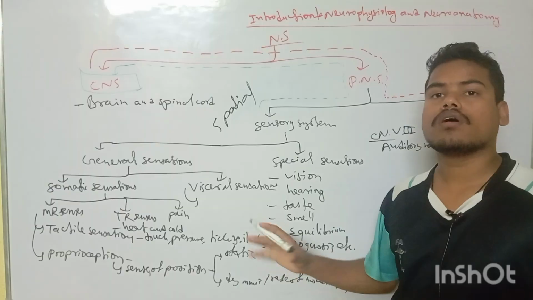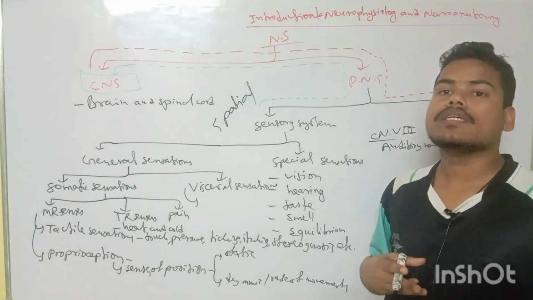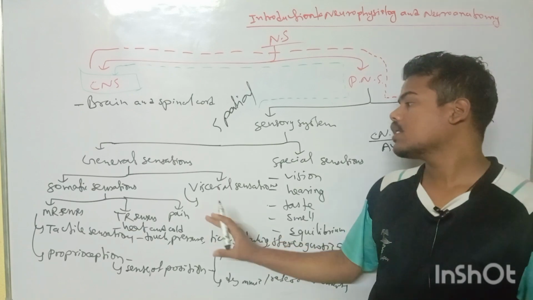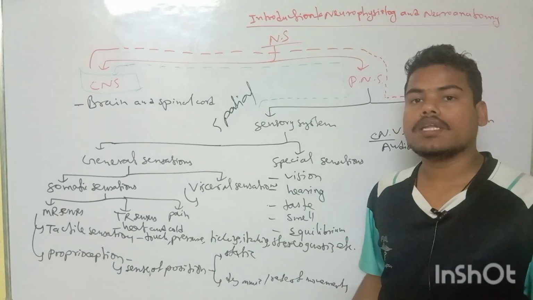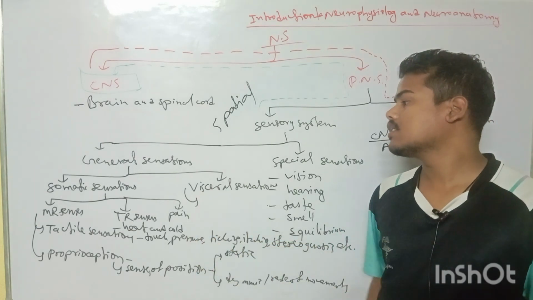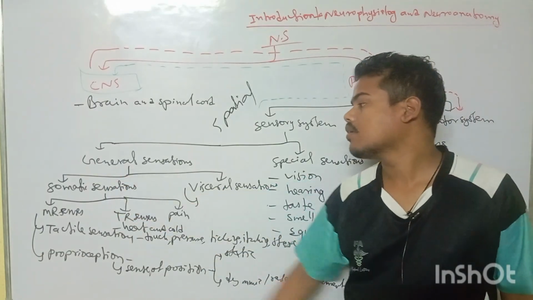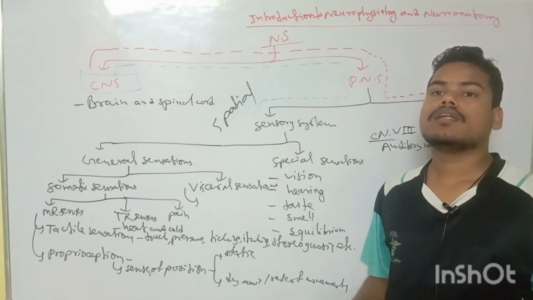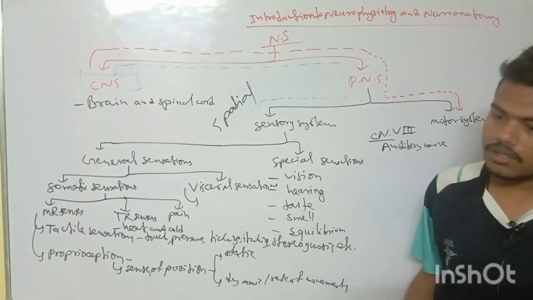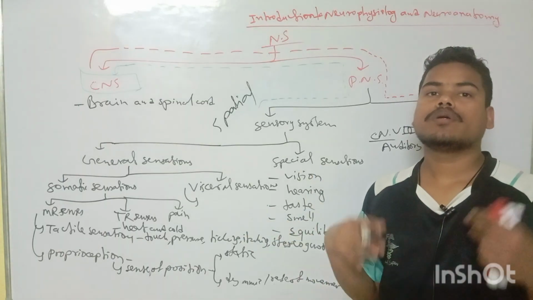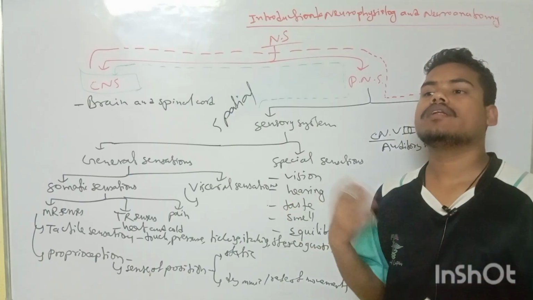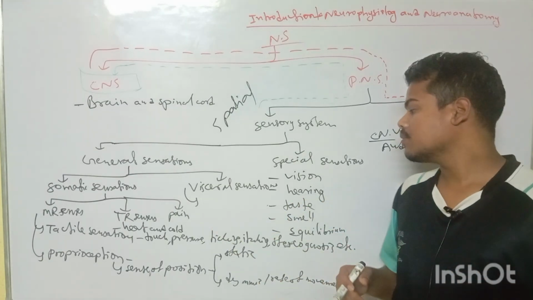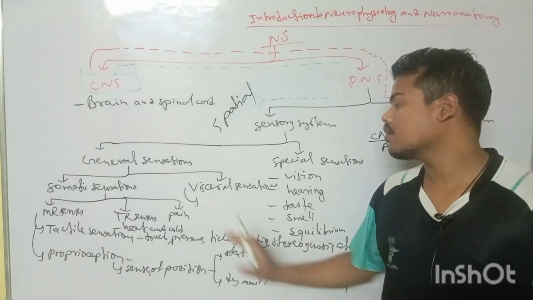So these are normal, but we feel these to some extent, very less sharp, very less defined, very less discriminating, unlike the somatic sensations. And in the GI tract, when ischemia occurs, either due to strangulation or by any other means, there will be severe pain. We feel the severe pain. So these are the normal conditions.